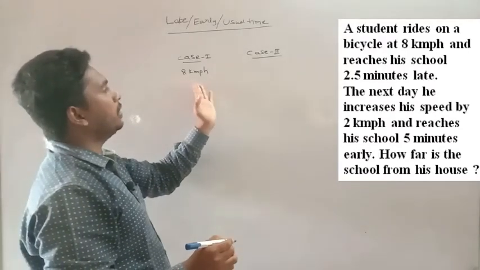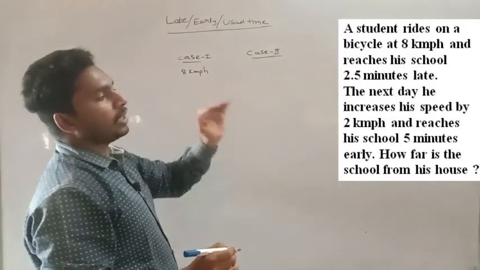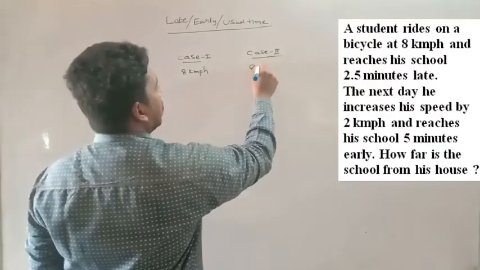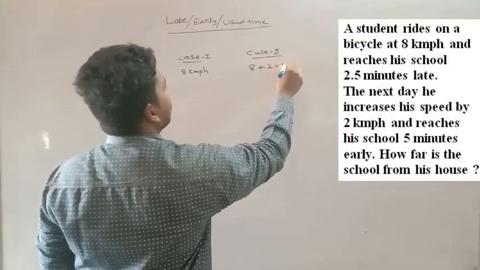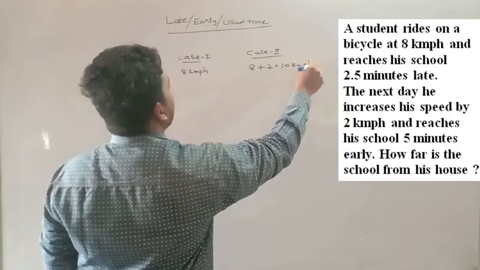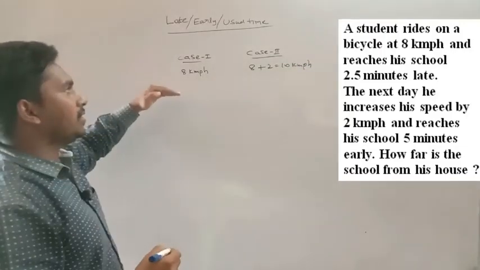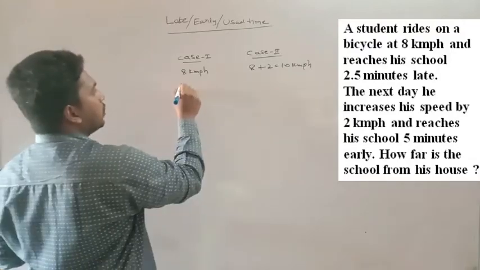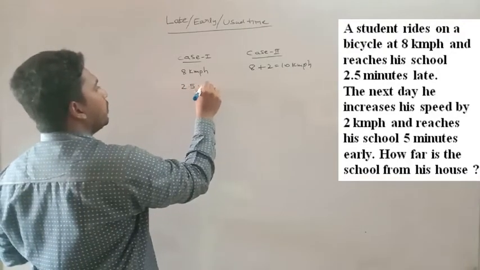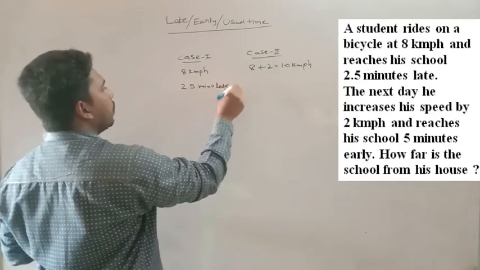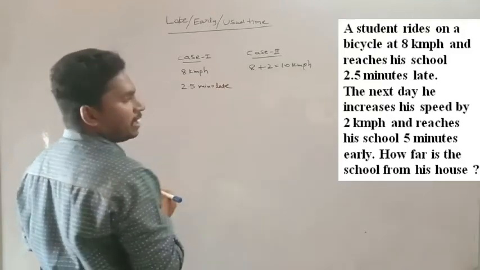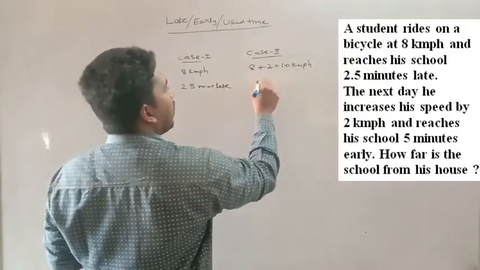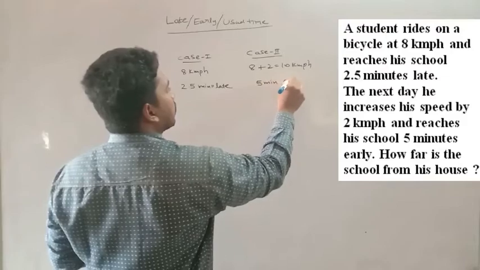Okay, 8 km per hour plus 2 km per hour, so 8 plus 2, that is 10 km per hour. So if he travels at 8 km per hour, he reaches his school 2.5 minutes late, and in case 2 he is reaching 5 minutes early.